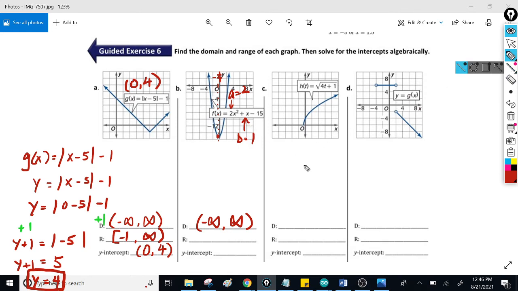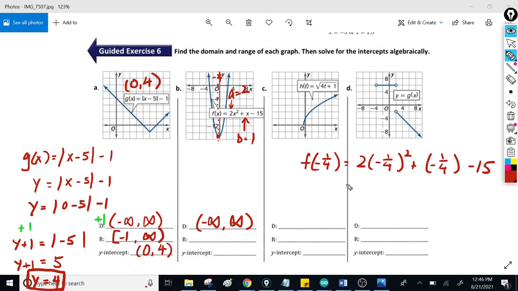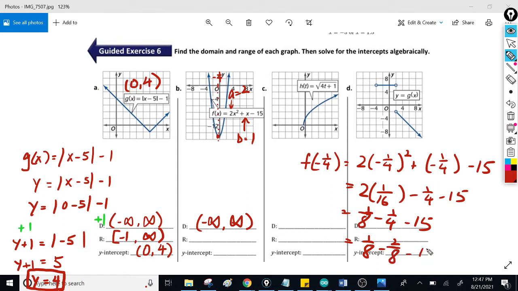So plug in the -1/4. Oh, it's going to be a nasty number.